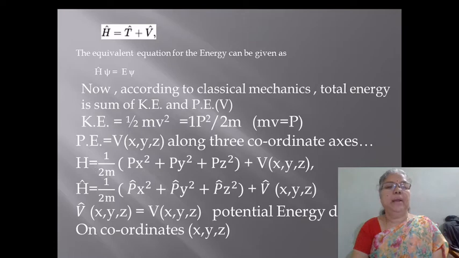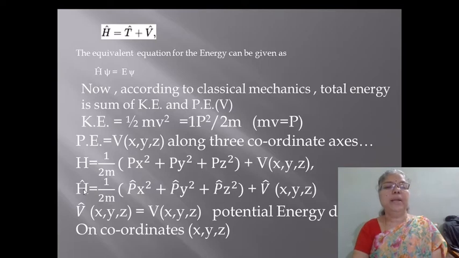Here we can write the total energy in terms of momentum as 1 by 2m (px squared plus py squared plus pz squared) plus phi(x, y, z), where px is the momentum along the x-axis, py the momentum along the y-axis, pz the momentum along the z-axis, and phi the potential energy along x, y, z.